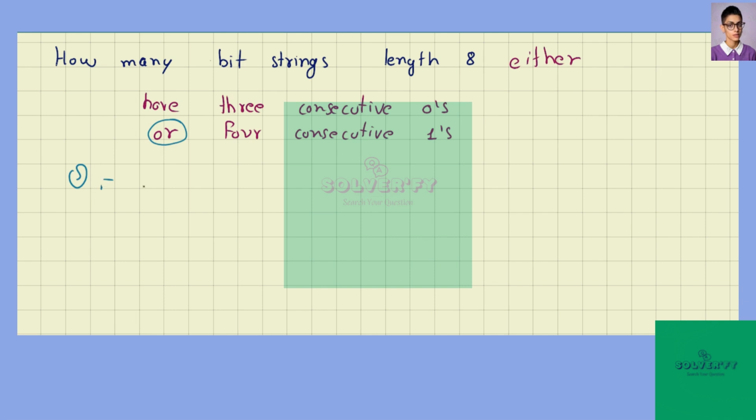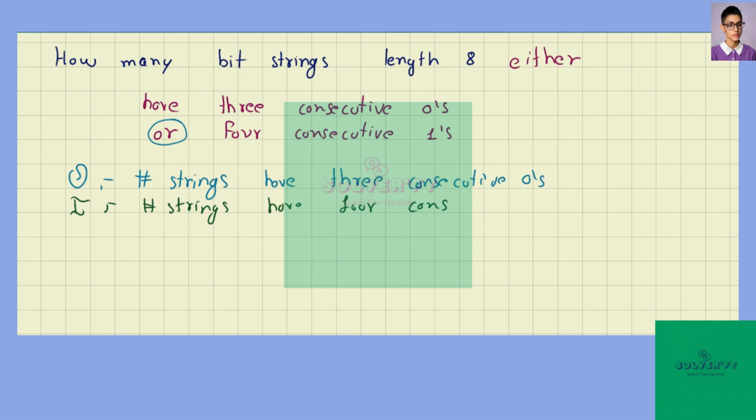the number of strings that have 3 consecutive zeros. By the letter I, I'm going to denote the number of strings that have 4 consecutive ones.